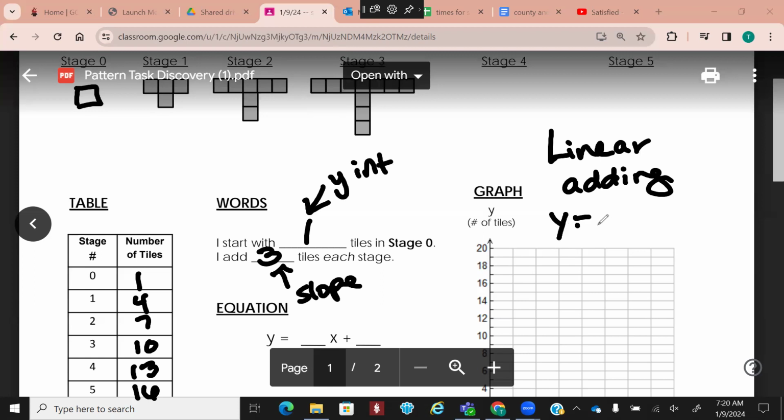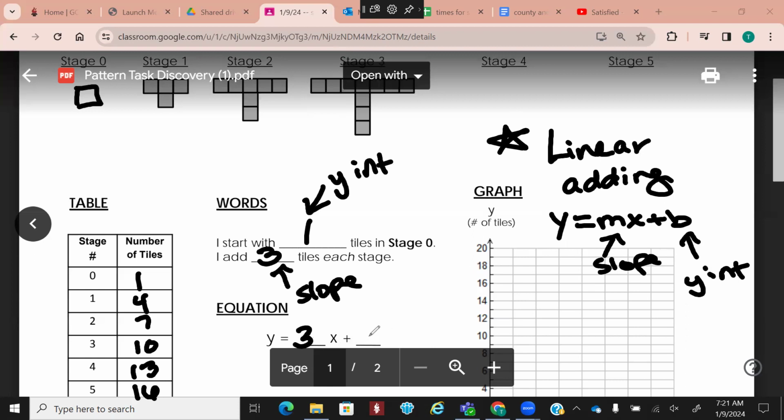So that's going to be y equals mx plus b, right? Do y'all remember this formula? Where m is your slope and b is your y-intercept. So if you didn't know that, I would write this down. So our equation for this one is going to be y equals 3x plus 1. Does everybody see where I got that one from?